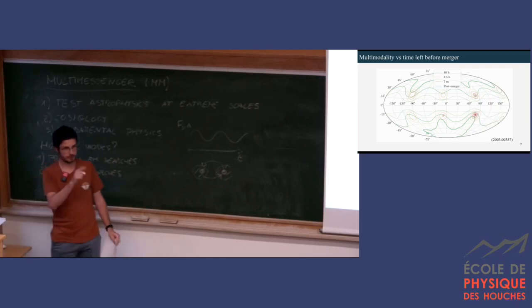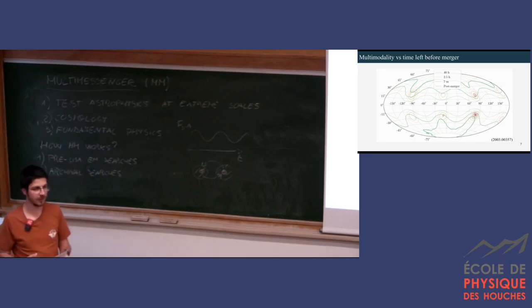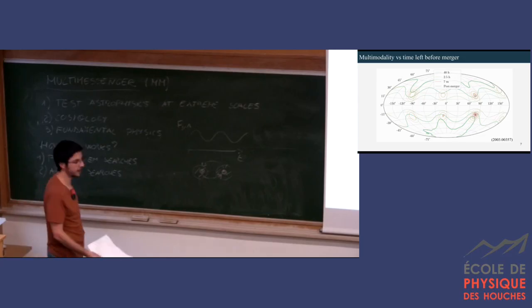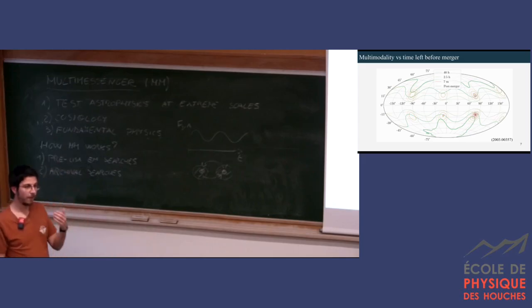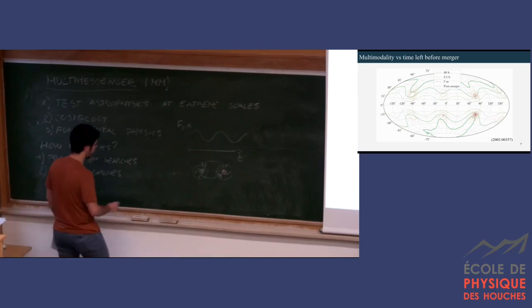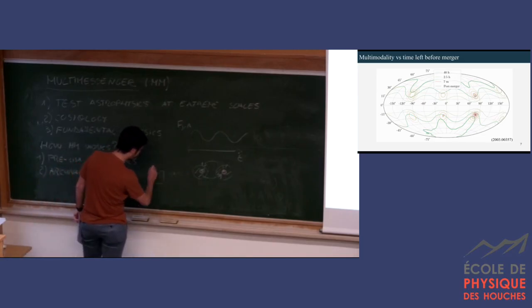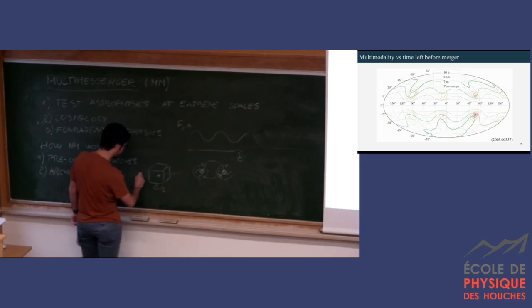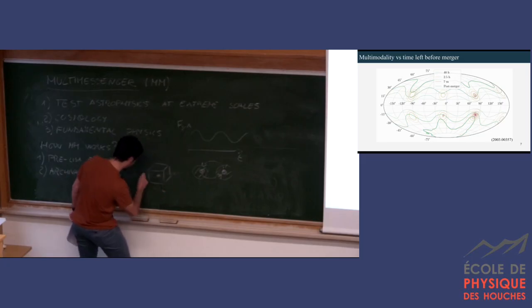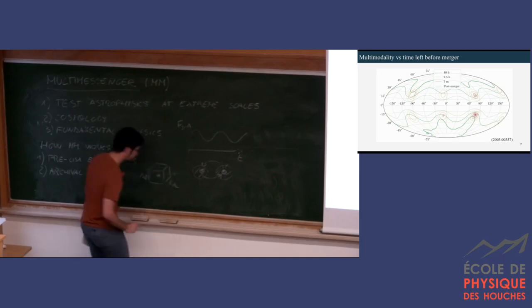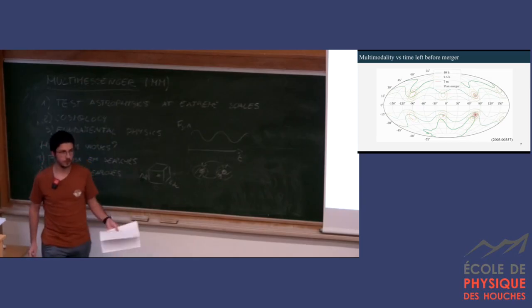So let's suppose that we were not able to point our telescope sufficiently fast to detect the electromagnetic counterpart, but LISA has given us an error box, so we know more or less where the signal is, with an uncertainty due to the sky localization, delta omega, and an error on the luminosity distance. What you can do is do archival searches.